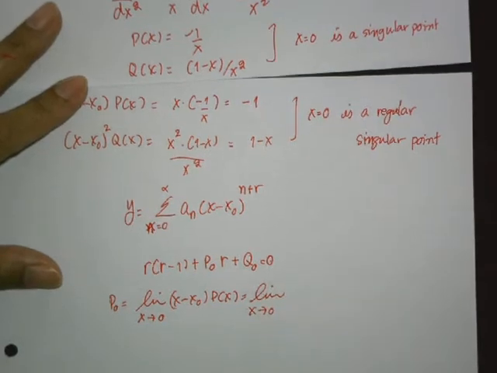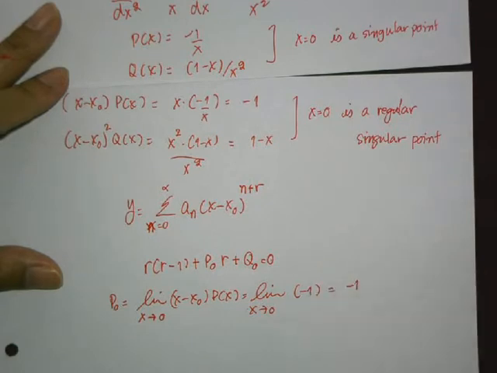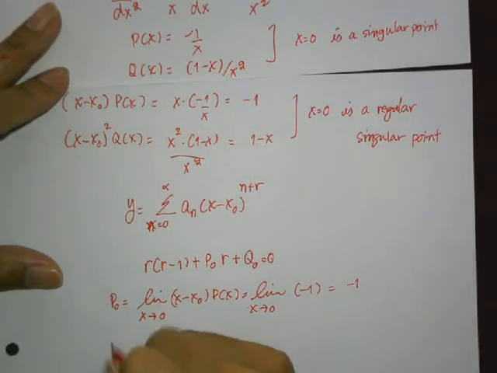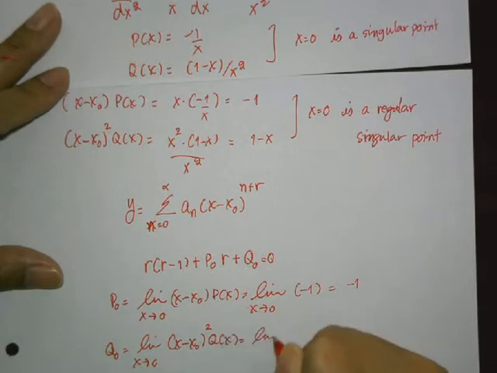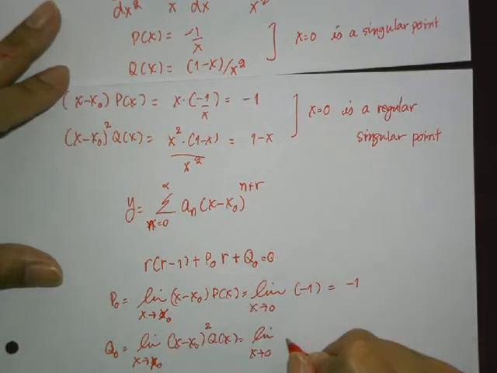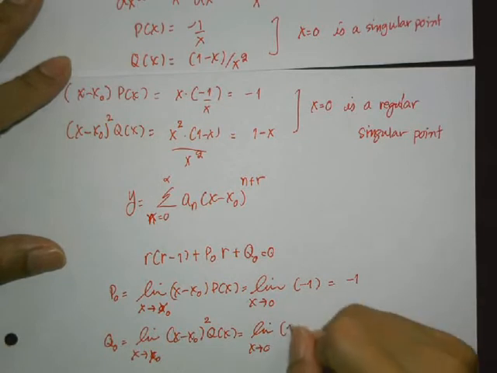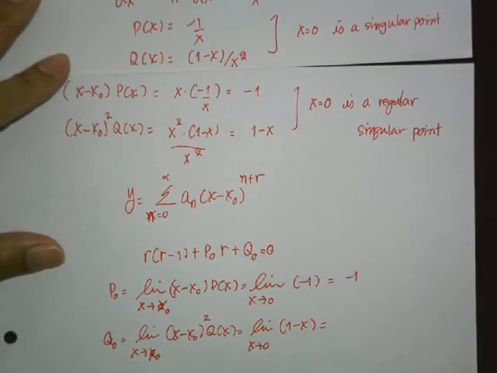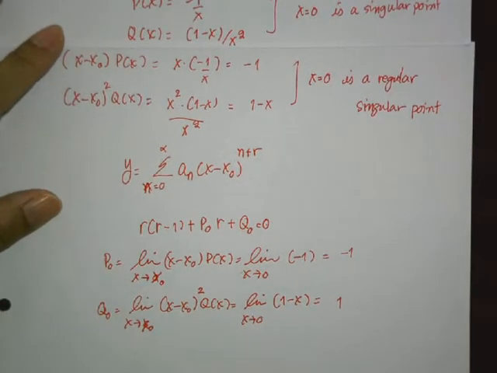What is our x p(x)? Our x p(x) is equal to minus 1, and q0 is computed similarly. So p0 equal to minus 1 and q0 is equal to 1.